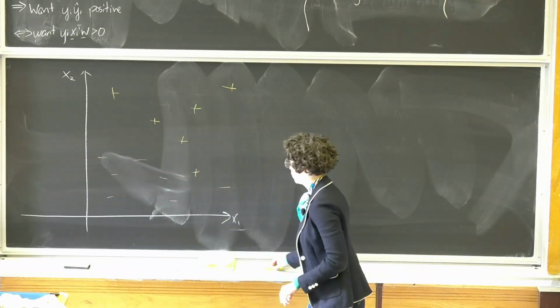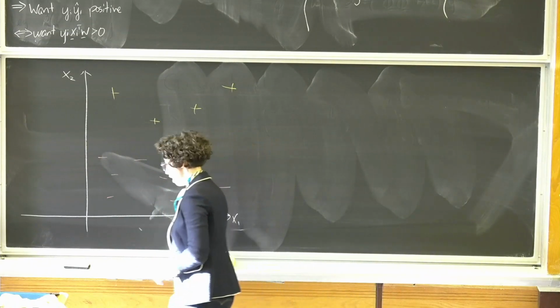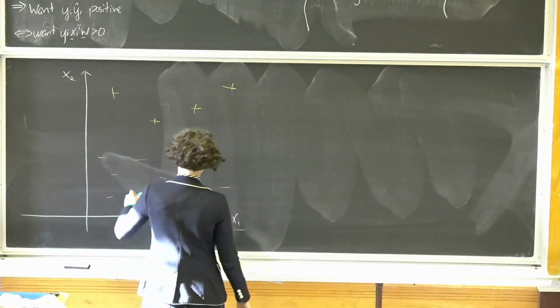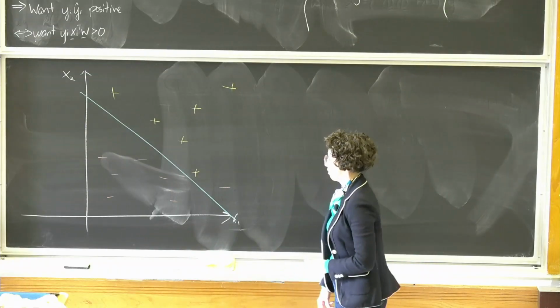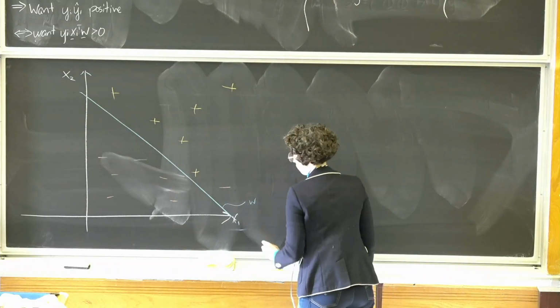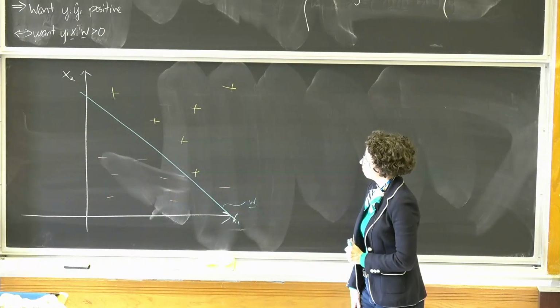Okay, so I've got some pluses and minuses, and now I am going to draw a decision boundary that looks like this. So this corresponds to some weight vector W.